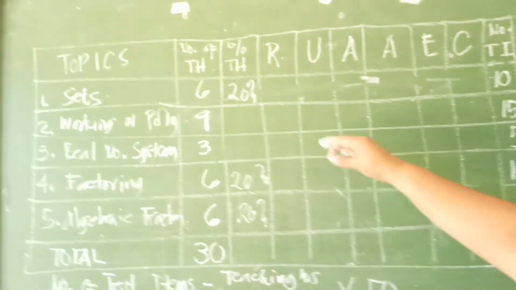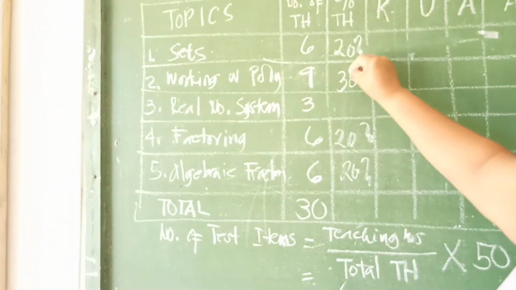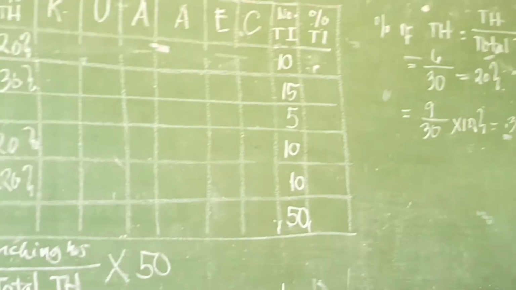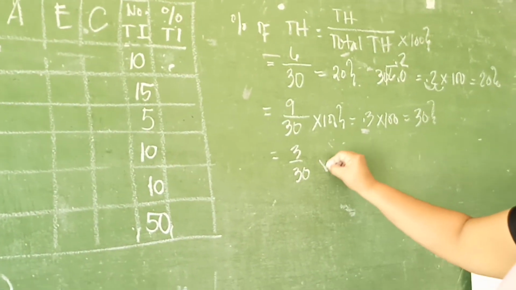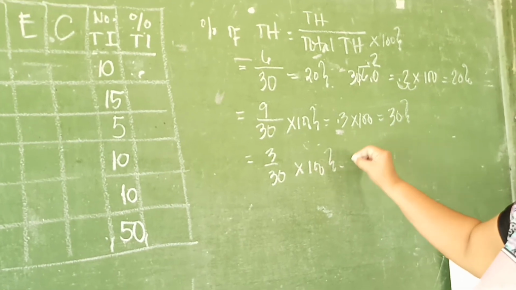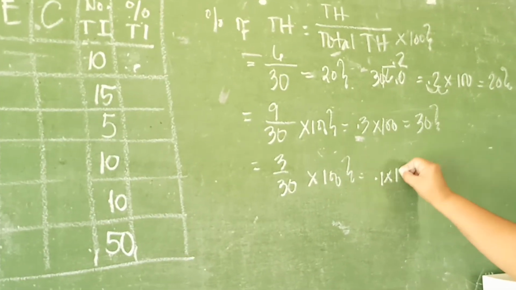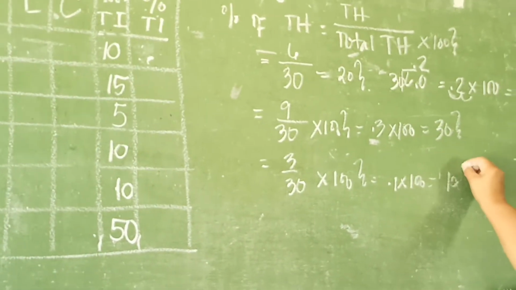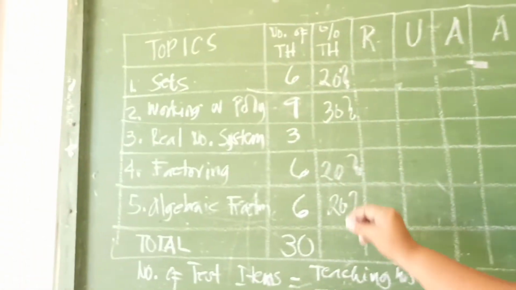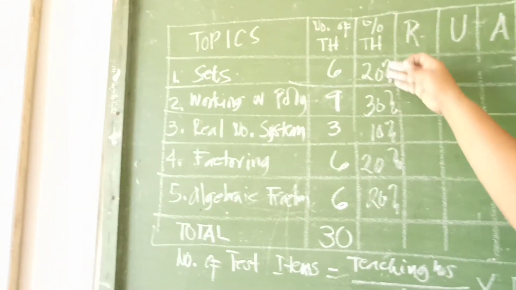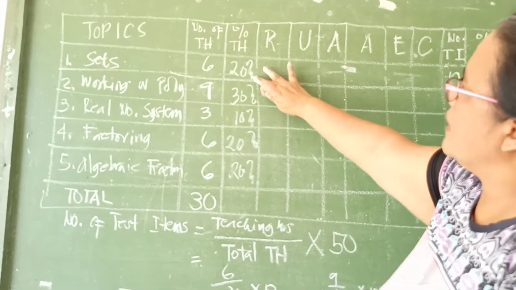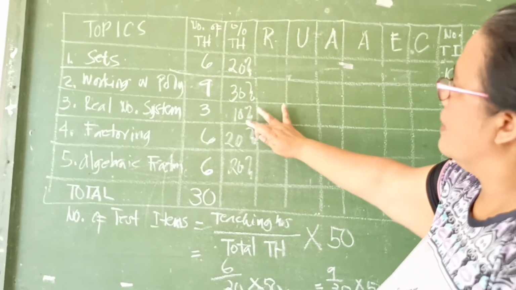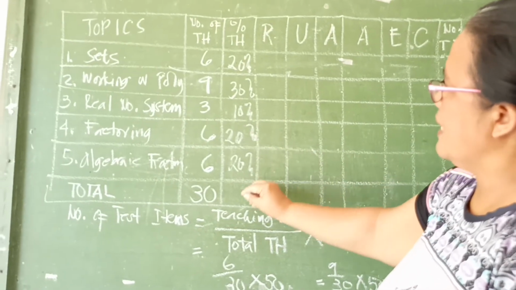So your 9 here is 30%, and your 3. So 3 divided by 30 times 100% is equal to 0.1 times 100 equals 10%. And then you check if it equals 100. So 20 plus 30, 50, 60, 80, 100%.